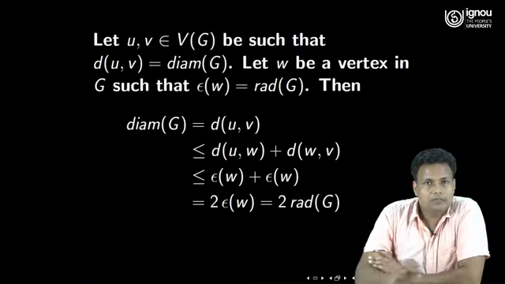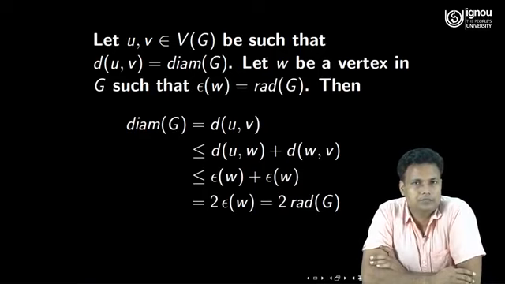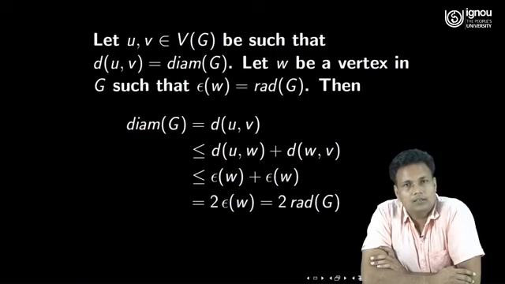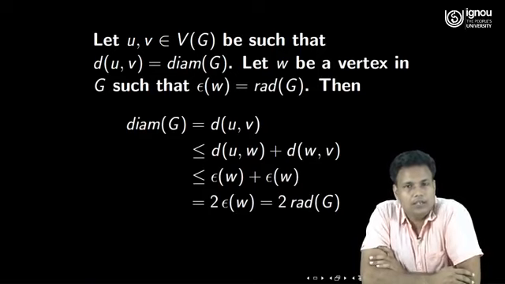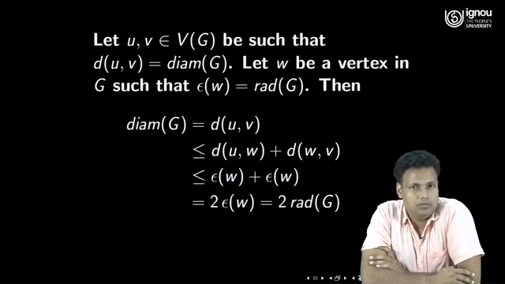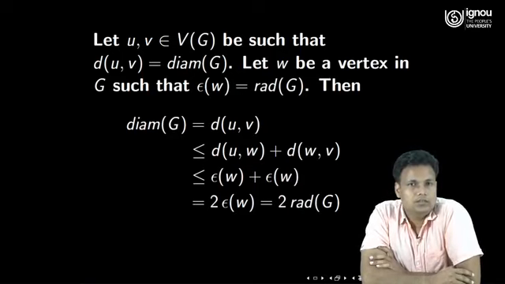To prove the second inequality, we pick any two vertices u and v in such a way that the distance between them is the diameter of G, and such a pair exists, and let w be a vertex in G such that the eccentricity of w is equal to the radius of G. Now the diameter of G equals the distance between u and v, which by the triangle inequality is less than or equal to d(u,w) plus d(v,w), which is less than or equal to epsilon(w) plus epsilon(w), because you know that epsilon(w) is the maximum distance of w from any other vertex, whereas d(u,w) is just the distance between w and u.